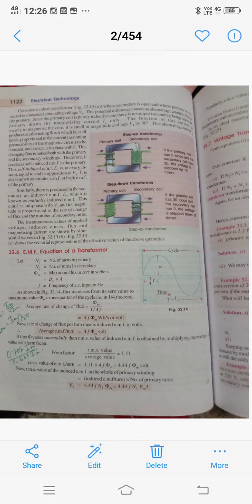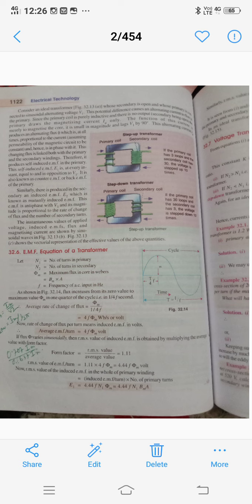So the average rate of change of flux is phi m divided by 1/4f, so 4f moves to the numerator. We get 4f phi m Weber per second, or volt. This is for the average. The rate of change of flux per turn means induced EMF in volts, so the average EMF equals 4f phi m.